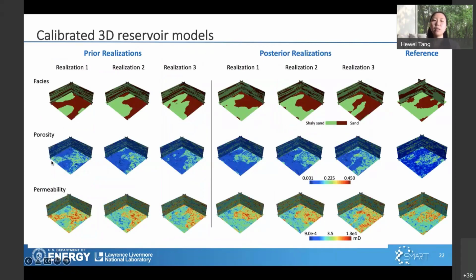In the prior ensemble, we did consider a wide variety of facies distributions. Although after calibration the posterior realizations are not exactly the same as the reference model, we actually can never achieve that, but they have more similarity with the reference model and much less variety compared to the prior ones.